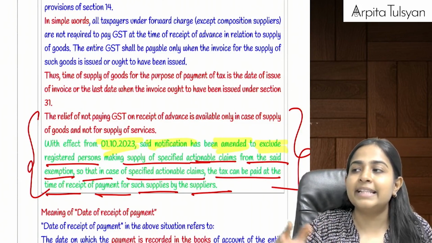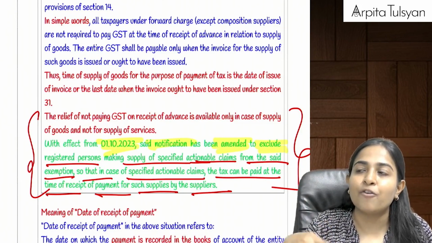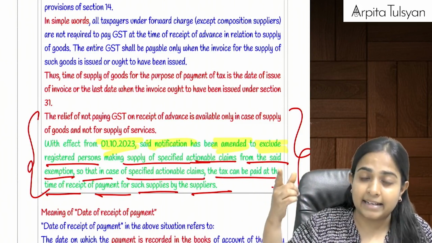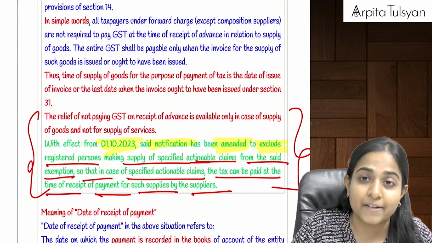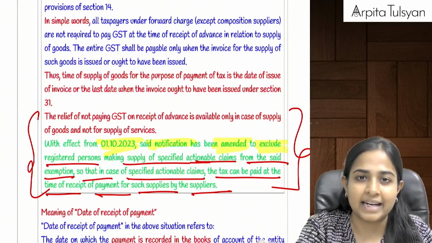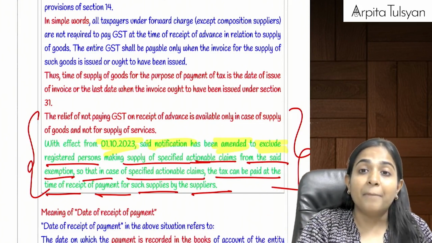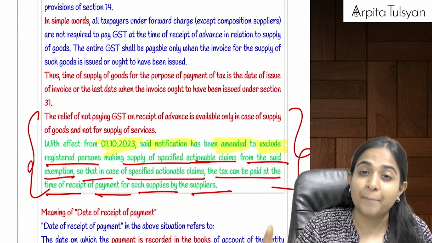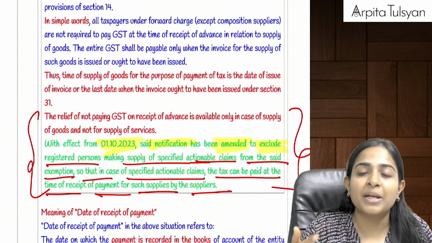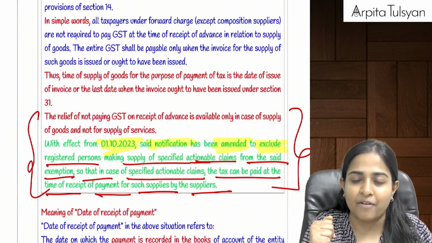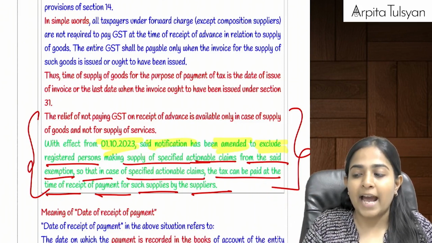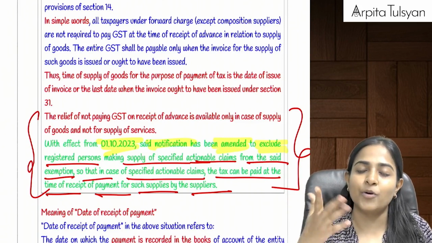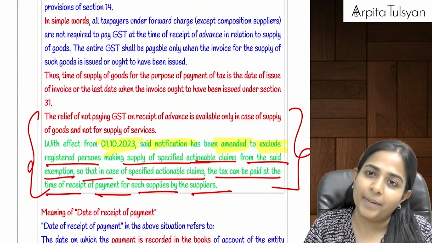Normally we studied that if you receive any advance money for supply of goods at a later date, then at the time of receipt of advance, there is no GST as of now payable to the government. You can pay it later when you do the supply. But if you are a supplier of those actionable claims, and if you have received any advance money, then your time of supply does not get postponed. As soon as you receive the advance money, you are required to pay the tax to the government.